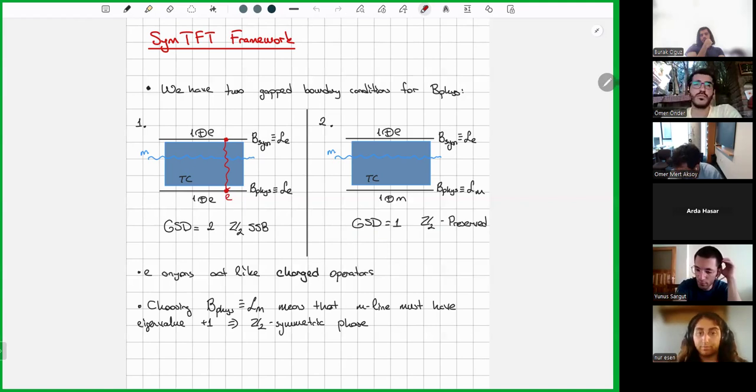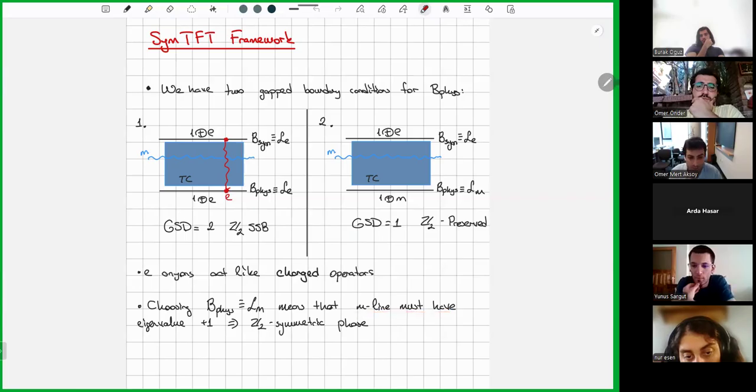Just to remind you, the disorder operator in the Ising model, for instance, would be some finite product of sigma x's, and that would get a non-zero expectation value in the paramagnetic phase. So the symmetry operator gets a non-zero expectation value. So the ground state must be symmetric. So this is a Z2 symmetric phase. All right, so that is essentially how you get the two gapped phases, for instance, of the transverse field Ising model using the toric code as a 2+1 dimensional bulk topological field theory.